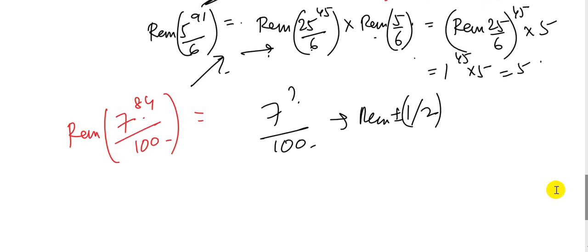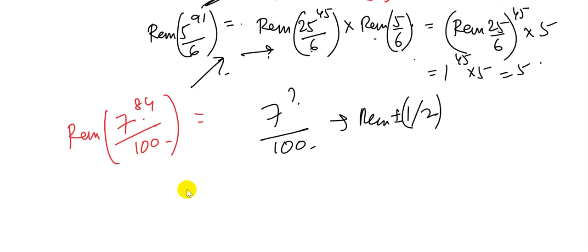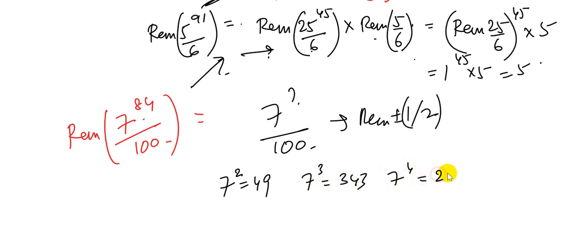So, what will that number be? 7 to the power 2 is 49, 7 to the power 3 is 343, and 7 to the power 4 is 2401. So I think 1 is the answer. Correct. 1 is the answer. 7 to the power 4 is 2401.